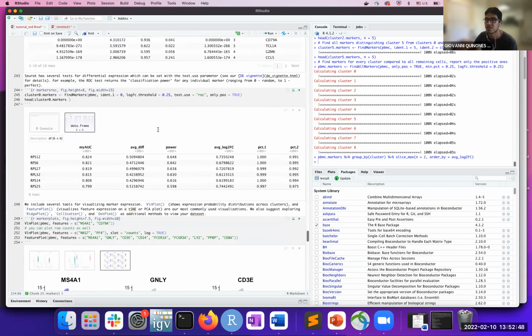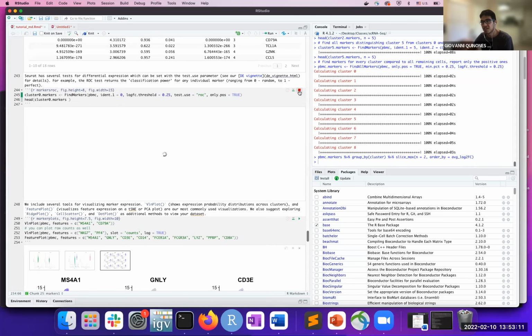Right, we can move on to the next line of code in line 244. Here we're doing a similar exercise, finding the marker genes for cluster 0. But here we're adding one more parameter to our function, which is test use ROC.